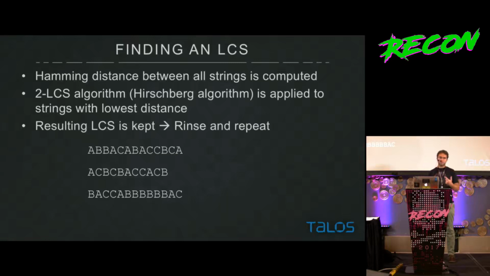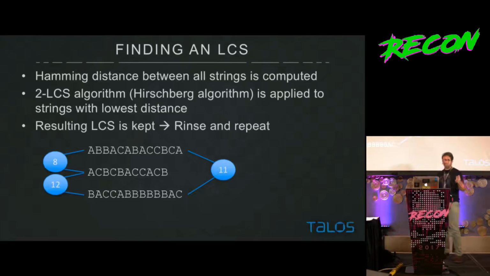The dynamic programming version trades off more memory usage for less computational resources. And we apply this to the two strings with the lowest Hamming distance, and keep the resulting longest common subsequence, and then repeat the process.